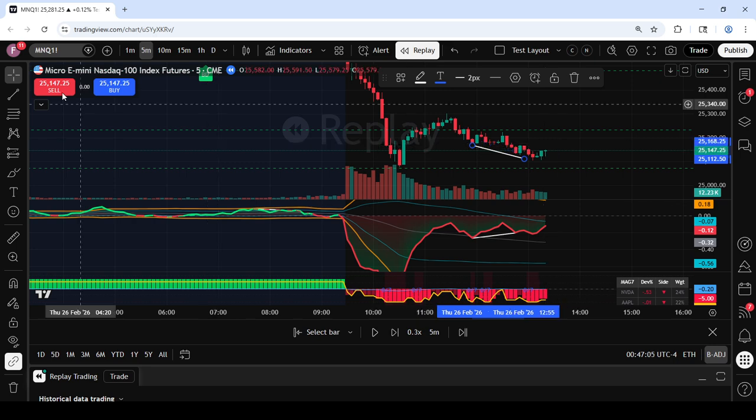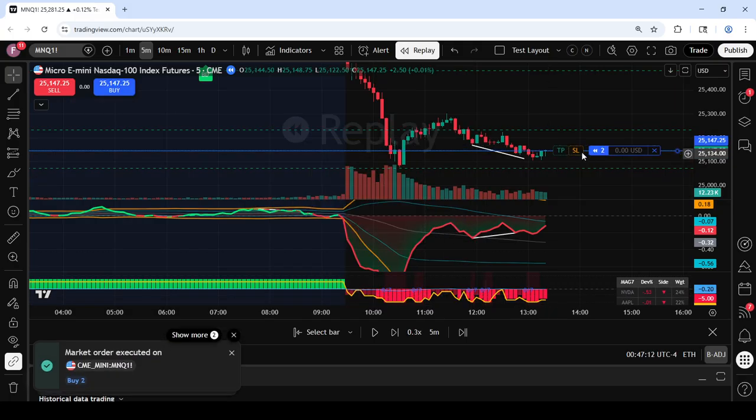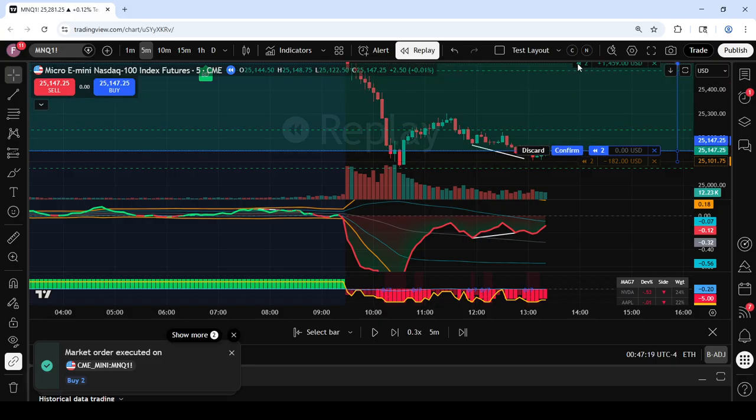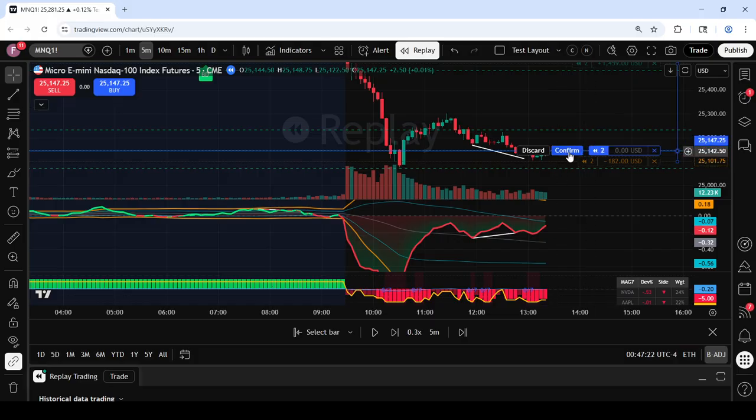I think long here. It's not solid, there's no tag, so I'm only going 2. But you can put a nice tight stop loss in. And a really big TP. Or just 2 micros.